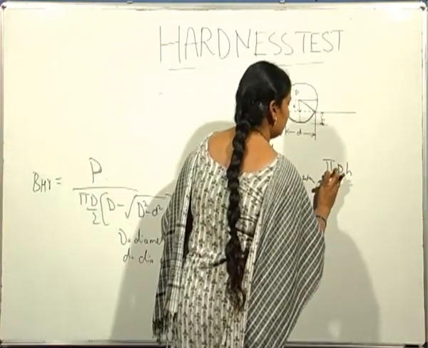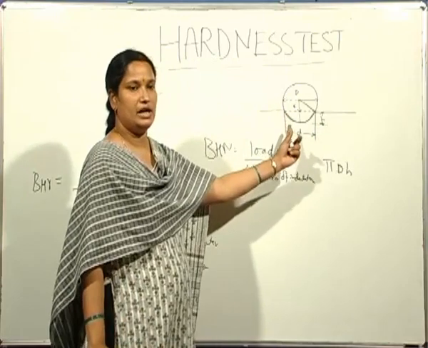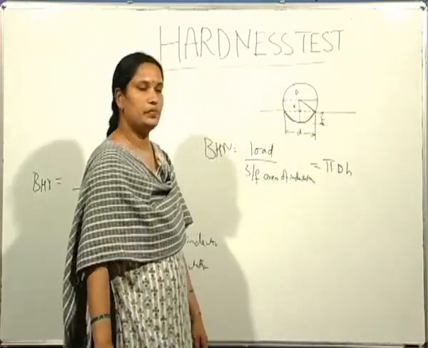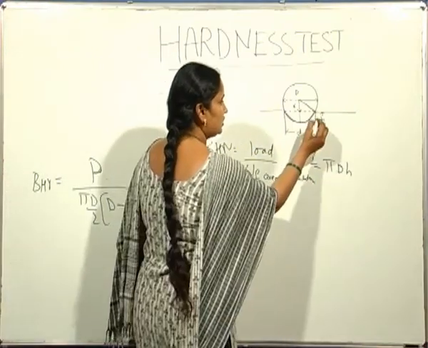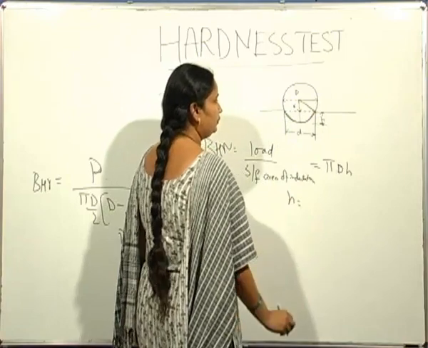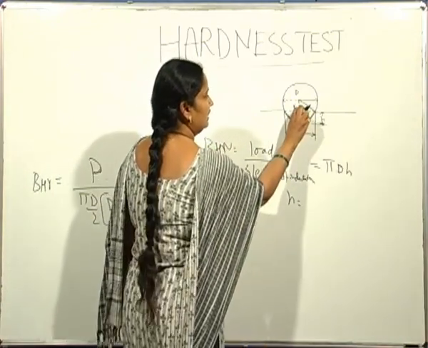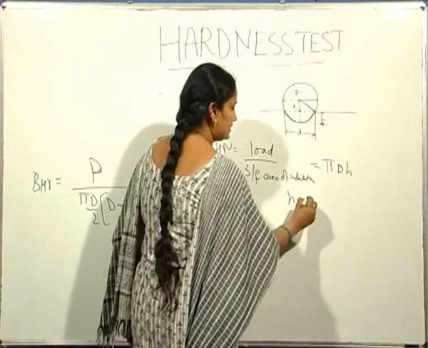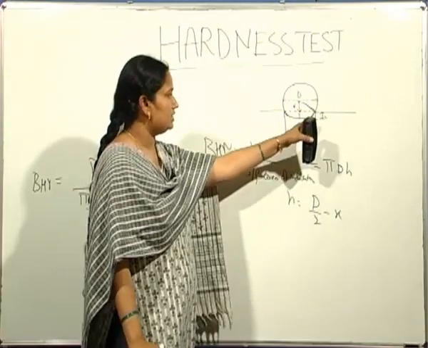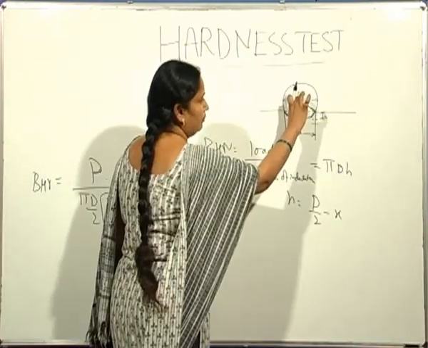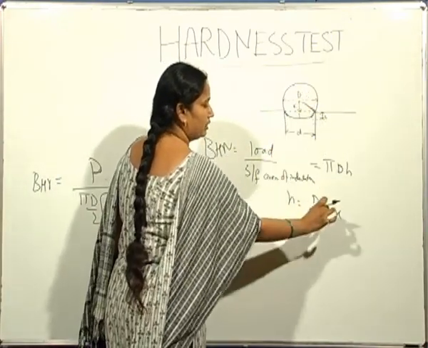So h can be written from this figure. h is equal to capital D by 2 minus x.